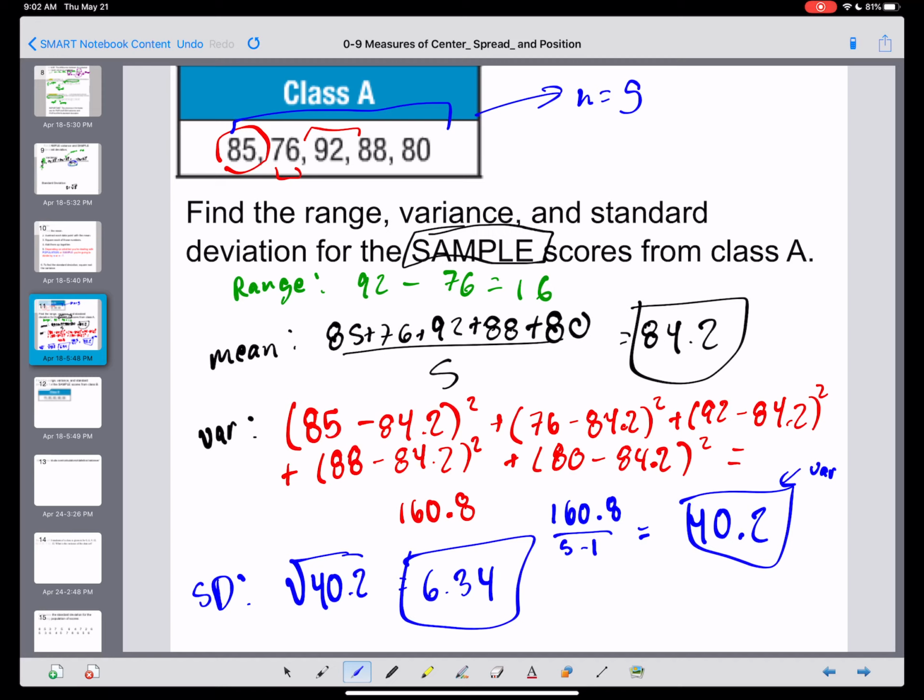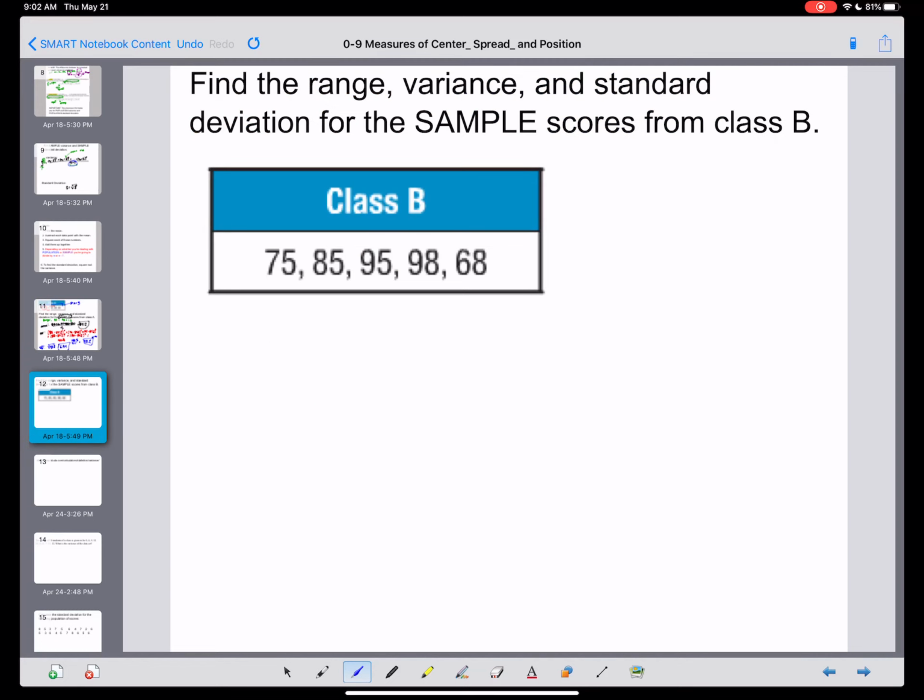Alright, we could do number 12 or this example, but I'm just going to skip it. In your homework, it's going to ask you to compare the two. I believe 4 and 5 is going to ask you to compare two tables.